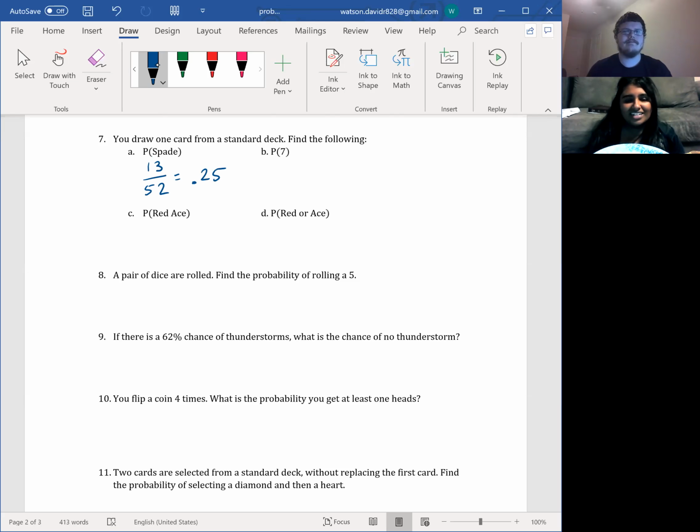Probability of 7. How many 7s do we have in a deck? Well, there's a 7 of spades, 7 of clubs, 7 of hearts, and 7 of diamonds. So there's 4 7s out of 52 cards. And that one is approximately 0.0769.